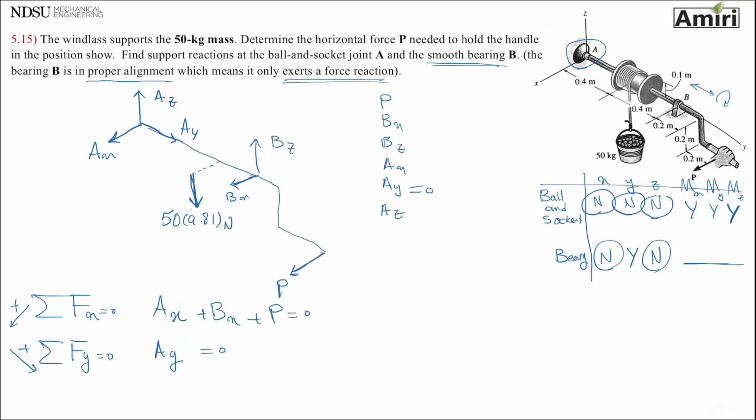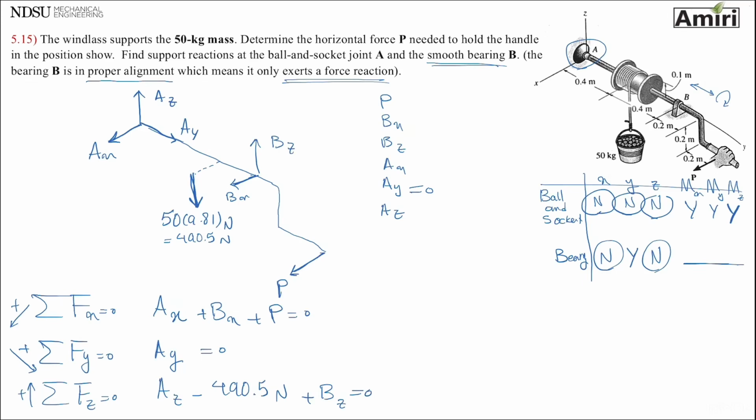Summation of forces in Z direction being 0. Anything that points up. So start from one side. I see AZ. Keep moving. I see minus, so this is going to be 490.5. I see a 490.5 newtons. And then I see a B sub Z equals 0. Okay.